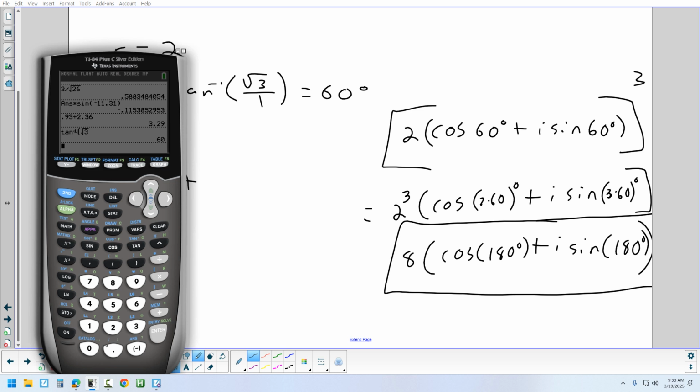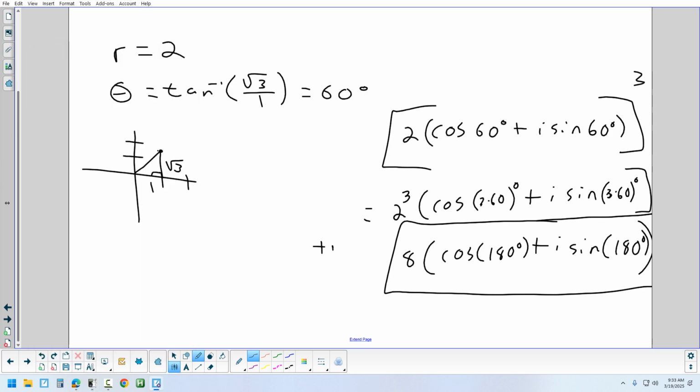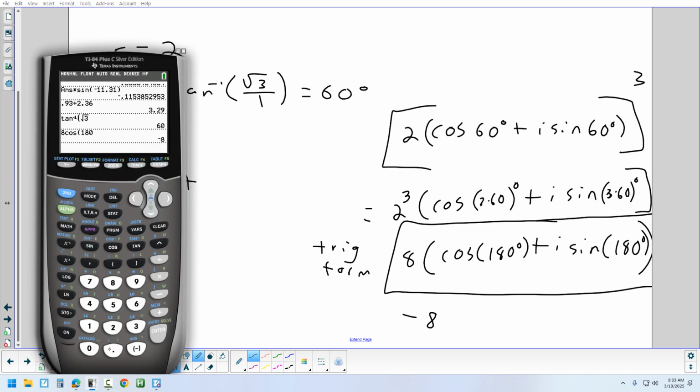Do 8 times cosine 180. That gives you negative 8. So negative 8. And then do 8 times sine of 180. 8 sine 180 gives me 0.